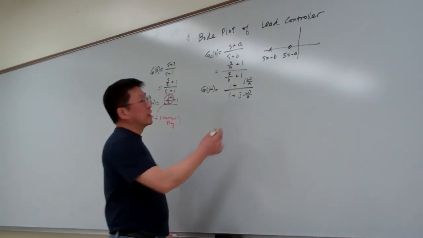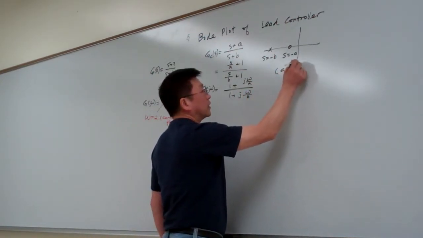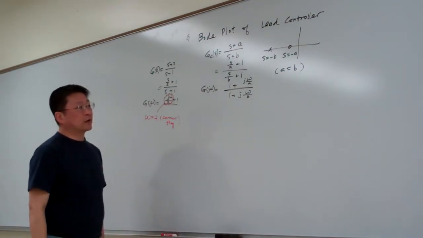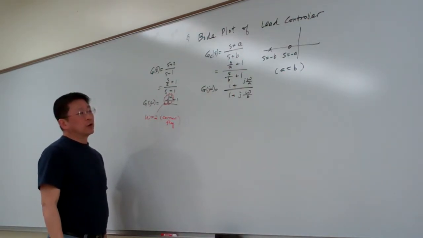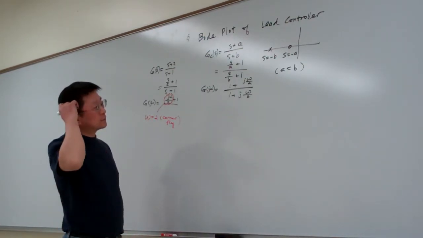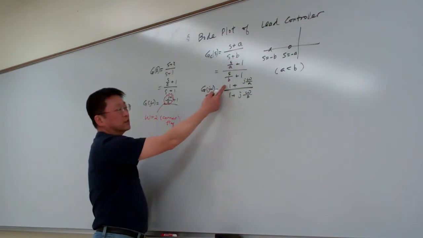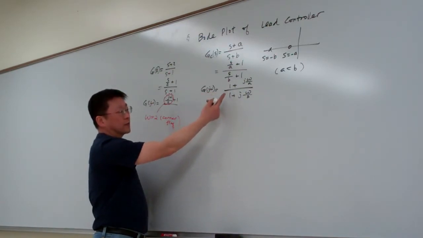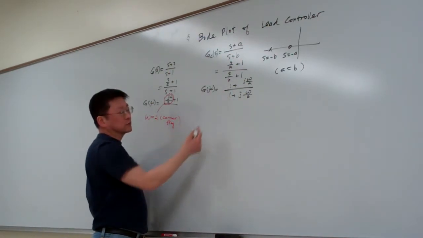Right now for this case, A and B are both positive and A is less than B. So basically this is a combination of first order functions.